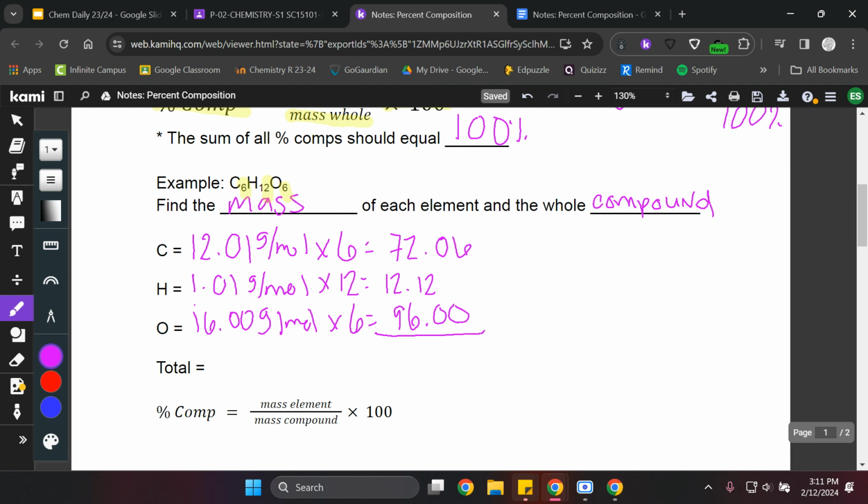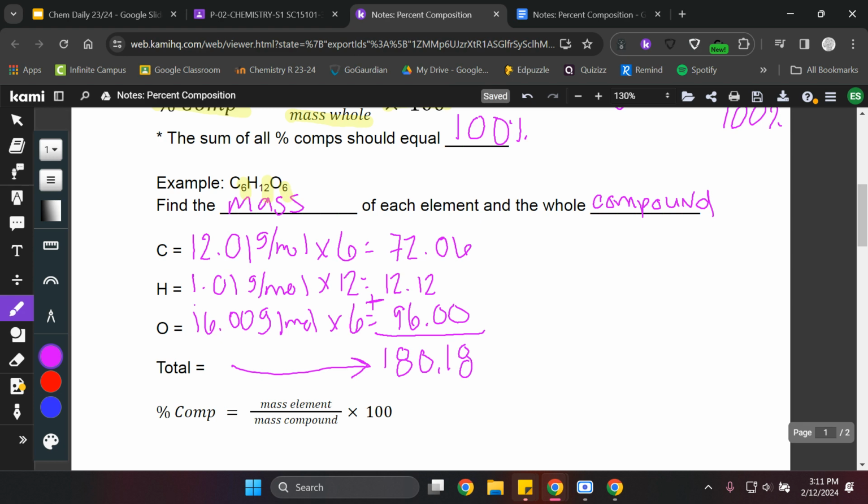So when we add all of these up, that's going to be what gets us our total. So 72.06 plus 12.12 plus 96.00 is 180.18. That is our total mass for the whole sugar, the whole glucose compound.